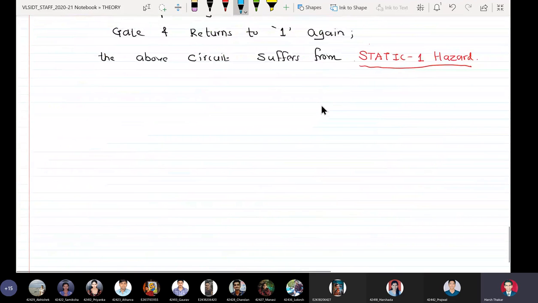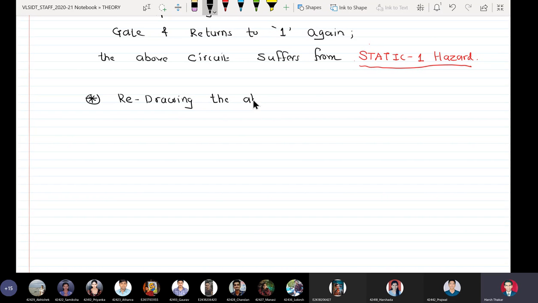So redrawing the circuit using NAND gates only.